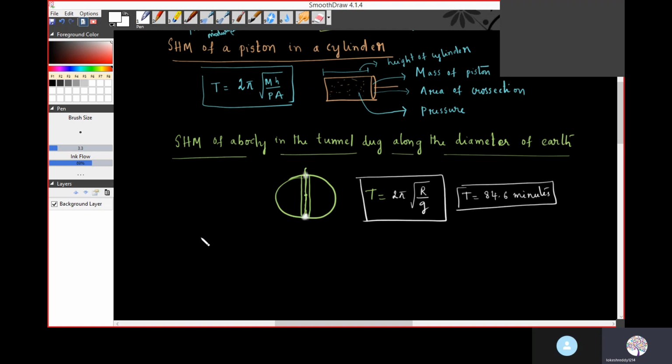Now, simple harmonic motion in the LC circuit, SHM in an inductor-capacitor circuit, which we get in second year AC circuits. There, T is equal to 2 pi root LC.